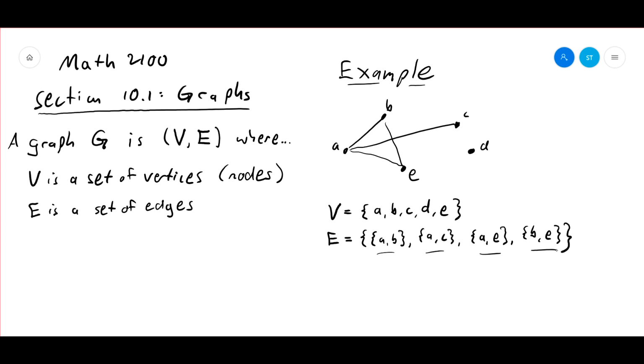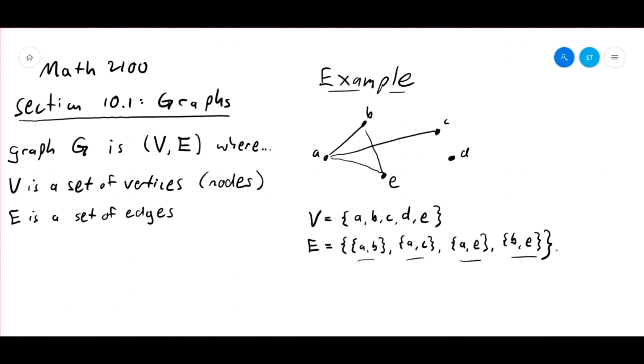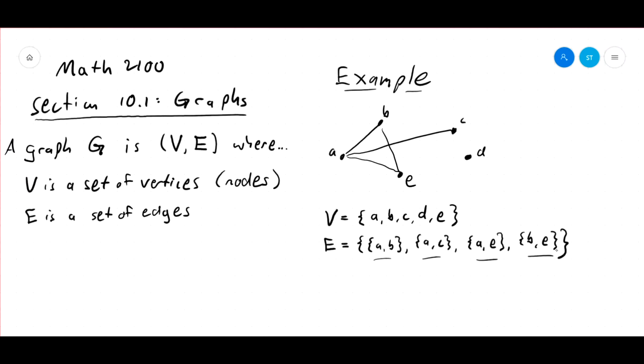A couple important notes here is that the location at which you draw the vertices totally doesn't matter. So let's get in here and erase this C here. If I don't like this edge crossing over like this, what I can do is draw my C somewhere else.